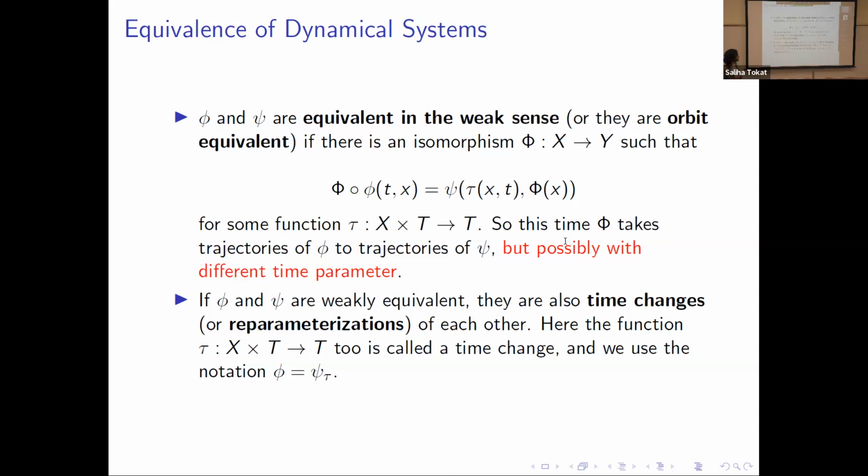Sometimes it just depends on t, sometimes it depends on x and t. And the time change comes from here. Phi and psi are weakly equivalent. They are also time changes of each other, or reparameterizations of time. The function tau is called the time change. And we use this notation, phi equal to psi sub tau.